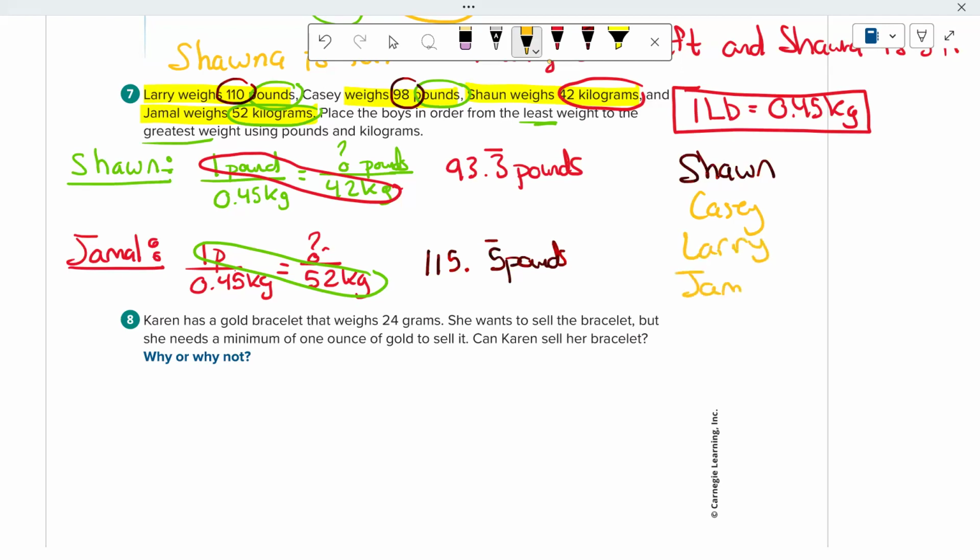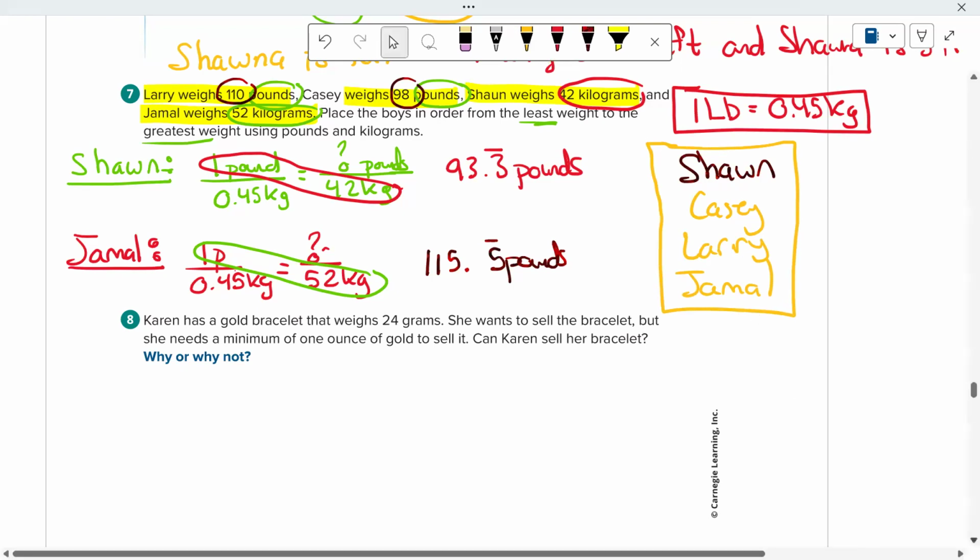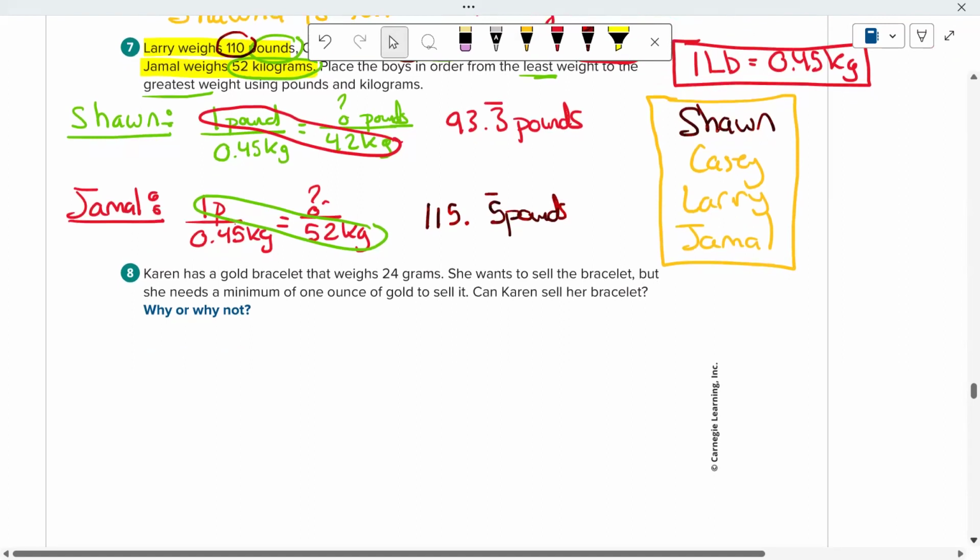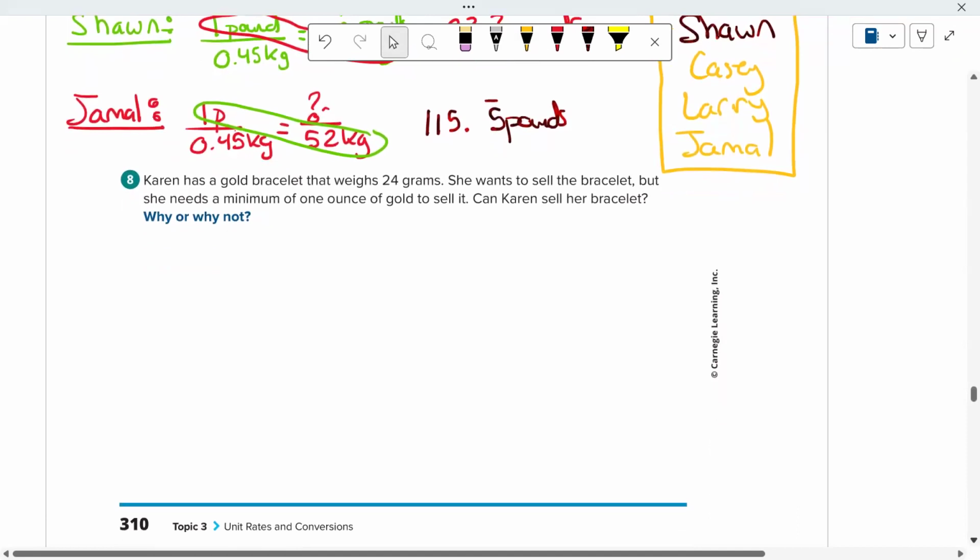And then Jamal. That would be it. We can write the weights next to them, but I think it's pretty self-explanatory if you wrote it in order or stated it in a sentence. This is your work. This is your answer. I'm not going to write all those words. I wouldn't make y'all do that. That's a lot. But yes, notice this is a setup that's important first. If you're worried about which unit to convert to, set it up first, and then we can decide. Or you can decide at the beginning.